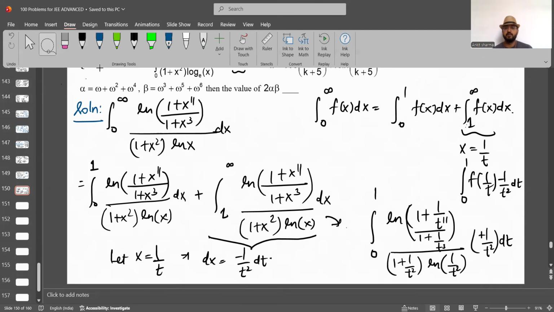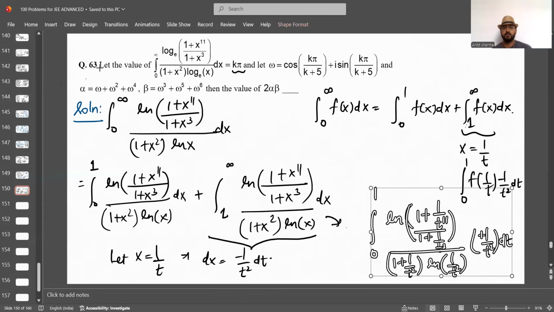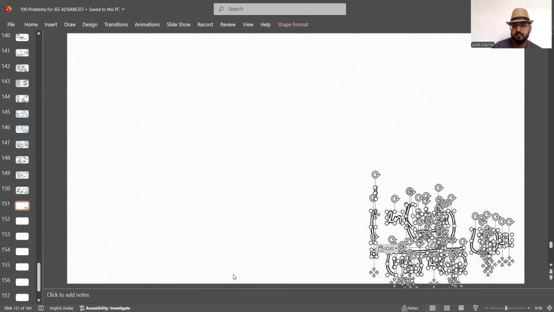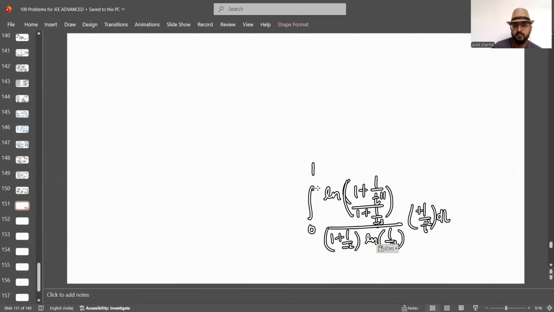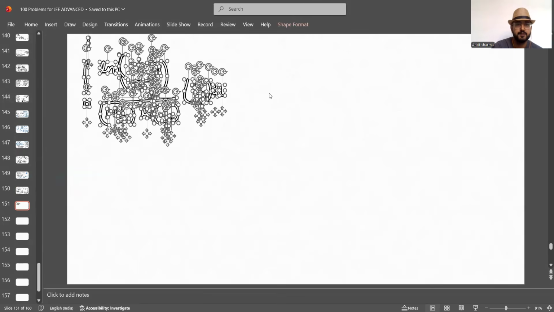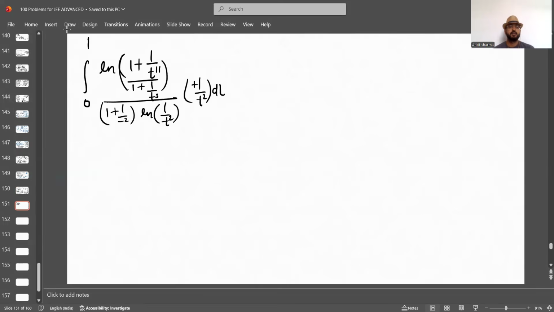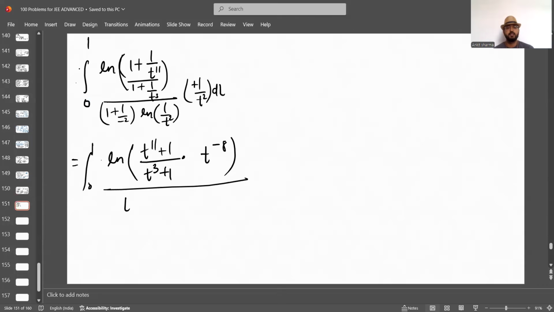Since now I'm going to deal with this part, this is the next page. Now this we can further reduce to 0 to 1, and this is going to give me ln of (t to the power 11 plus 1) over (t to the power 3 plus 1), into t to the power minus 8, over t squared plus 1, and then this t squared gets cancelled with this t squared.